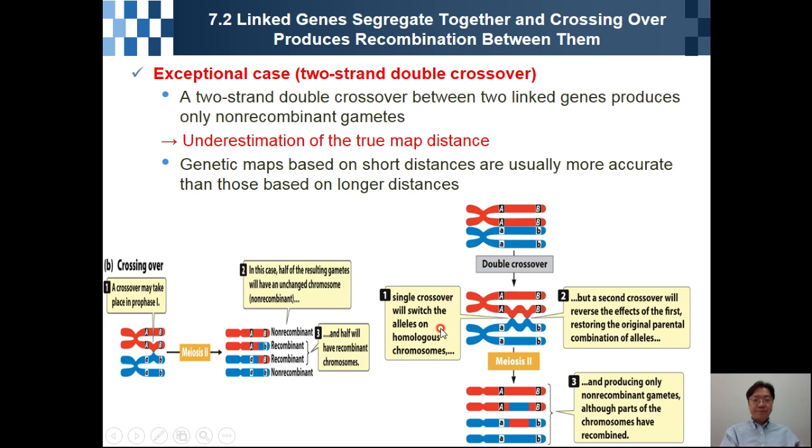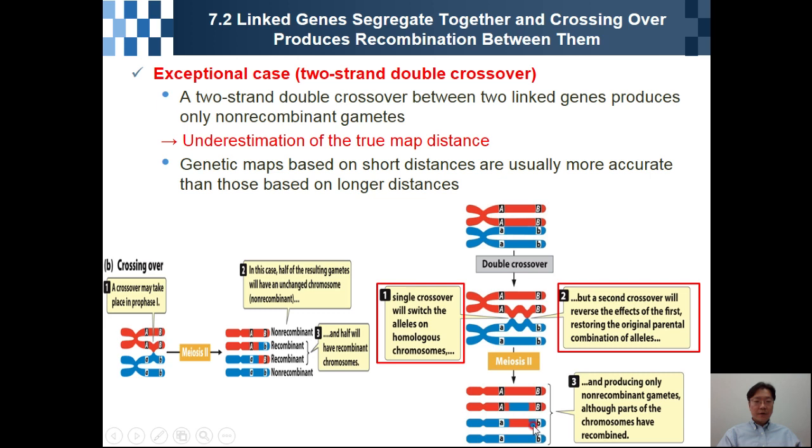For example, a single crossover will switch the allele, but a second crossover will reverse the effect of the first. So finally, they will produce only non-recombinant gametes. For example, large A, large B, and small a, small b.